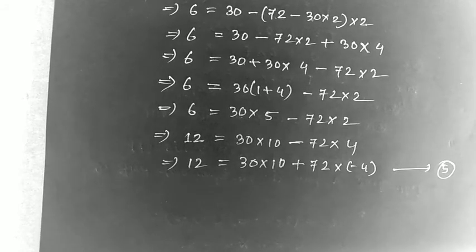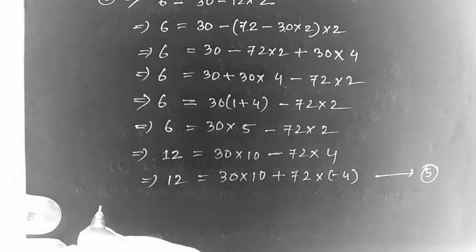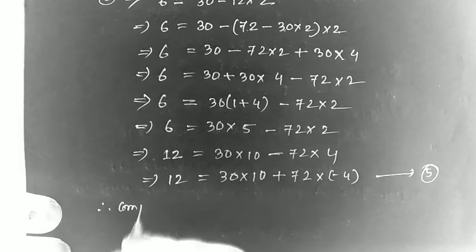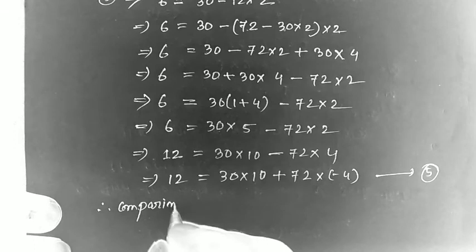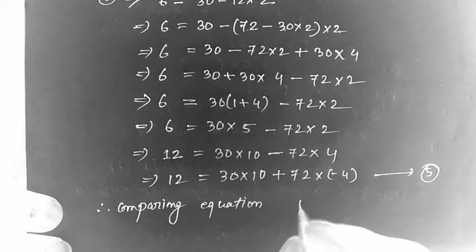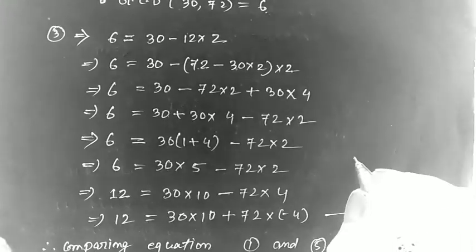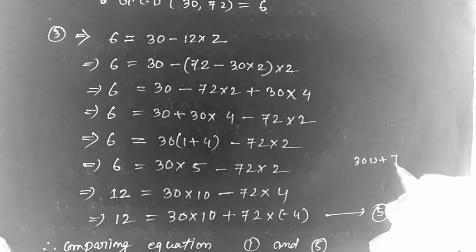Since both numbers 30 and 72 are present in equation 1, now we have to make this number 12. So multiplying both sides by 2, we get 12 here. Why am I multiplying by 2?